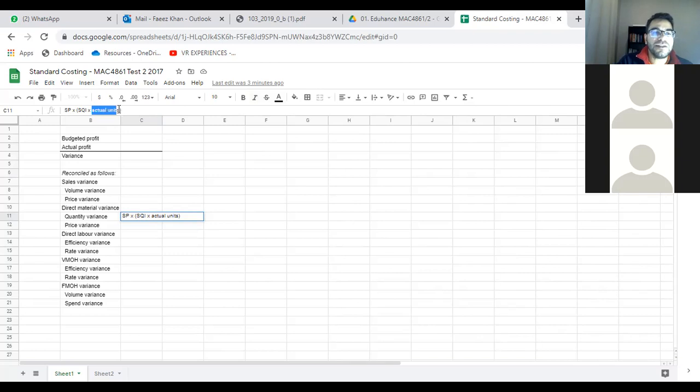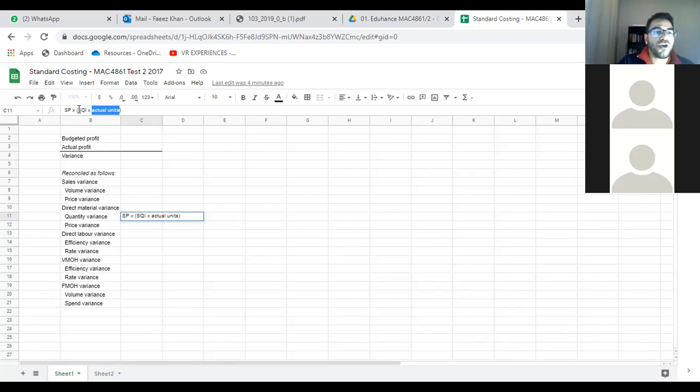Then actual units is the number of tables we produced for the year. So if the number of tables for the year was 1,000, actual units is 1,000 tables. SQI is 2. So therefore, in total, the standard amount of wood should have been 2,000 square meters.